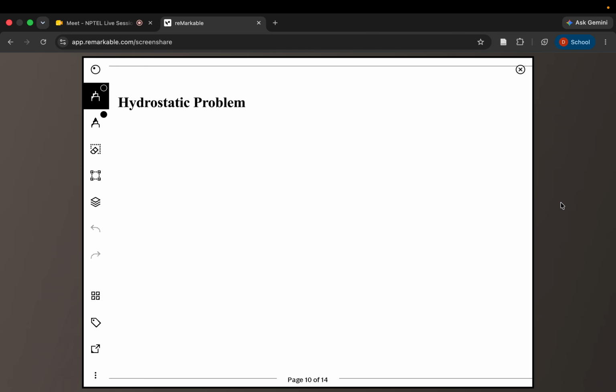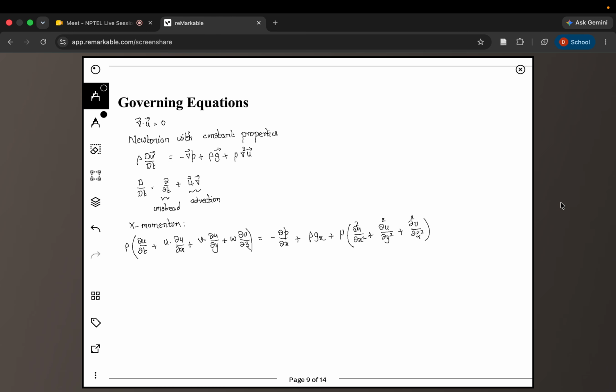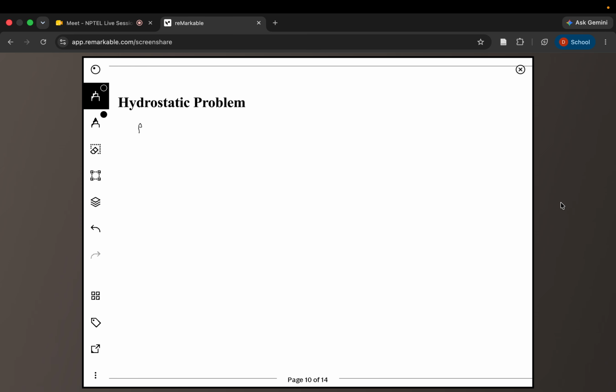Now these are some simple problems just to refresh your concepts. So we start from the Navier-Stokes equation. Let's say for a hydrostatic case, which of the terms would be zero or can be neglected?